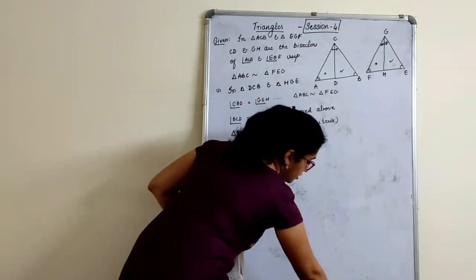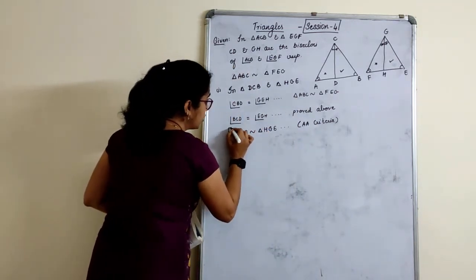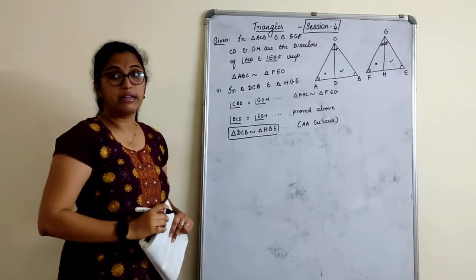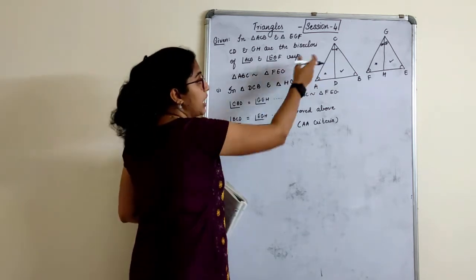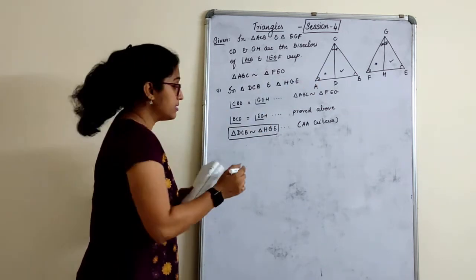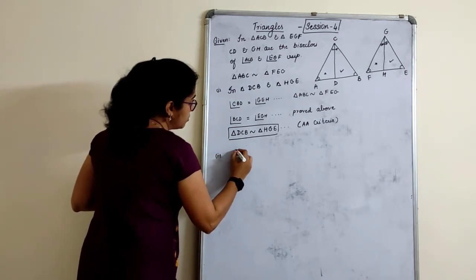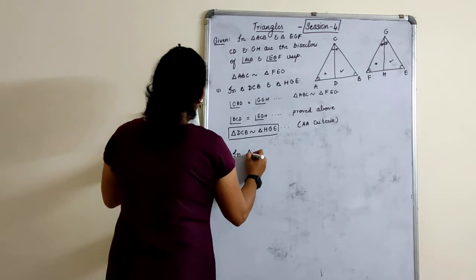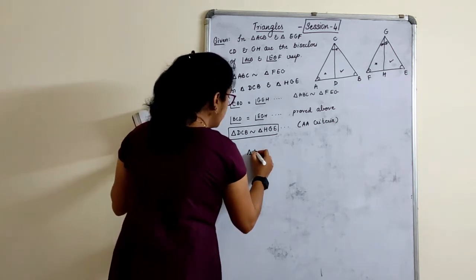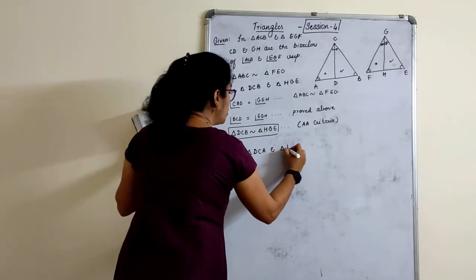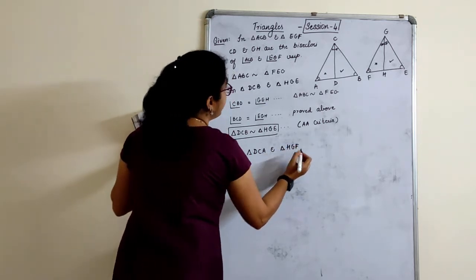Our first part of the proof is done. The second part of the proof we have proved: that these two triangles are similar. Now we'll take another set of two triangles to prove they are similar. So for the second part, we will choose the next set of triangles, that is, triangle DCA and triangle HGF.